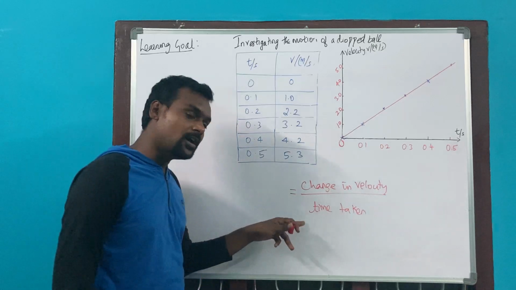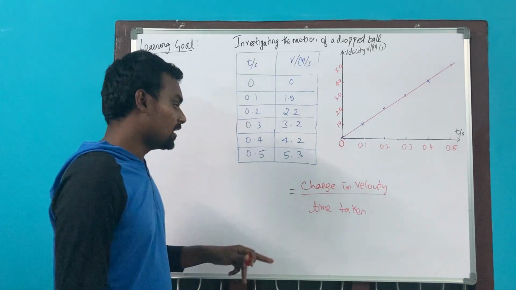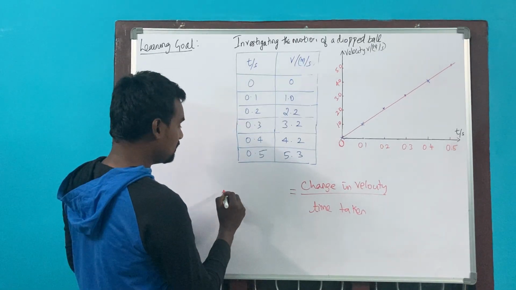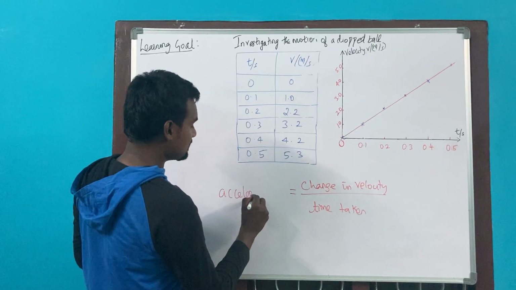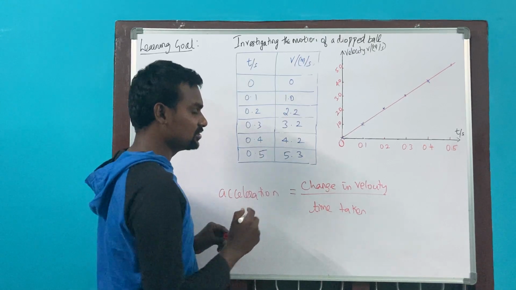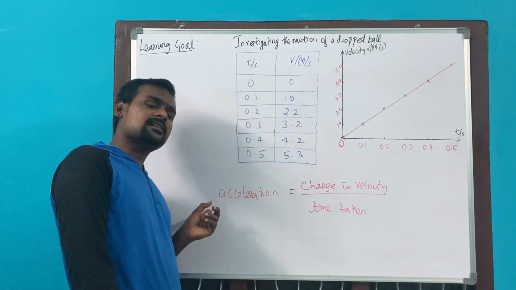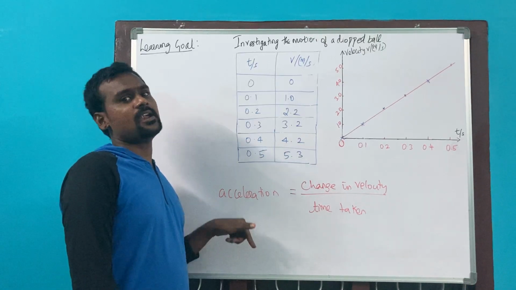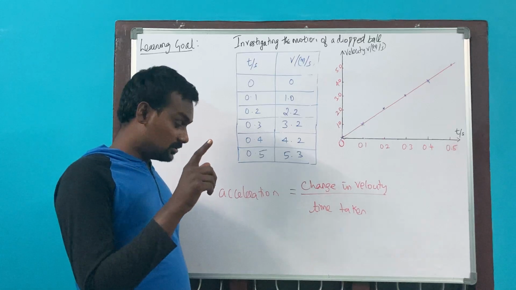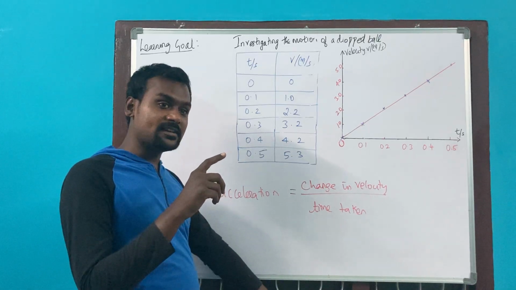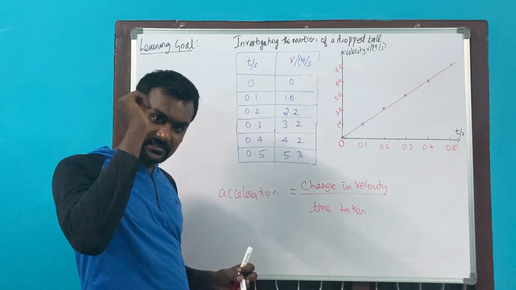Now this quantity is given a name, and this quantity is what we call acceleration. But which acceleration? Is it average acceleration or instantaneous acceleration? Now the word instantaneous means at an instant in time.